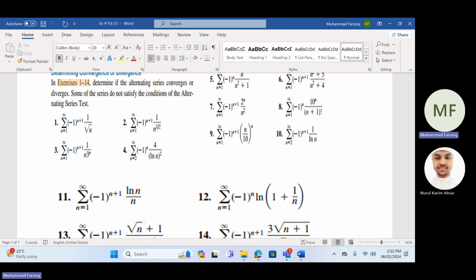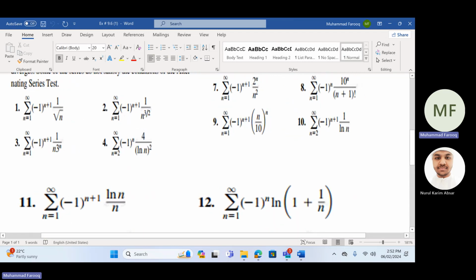Sure? Yes, because if it is not alternating, don't try this test, please. And yes, we know very well, if you have a (-1)^n component or a (-1)^(n+1) component, whenever it is there, the series is confirmed to be alternating. Good.